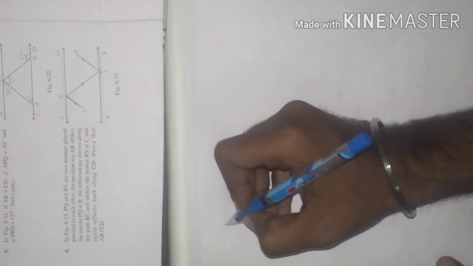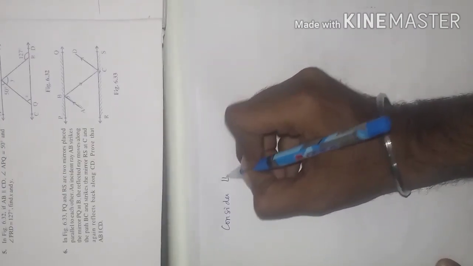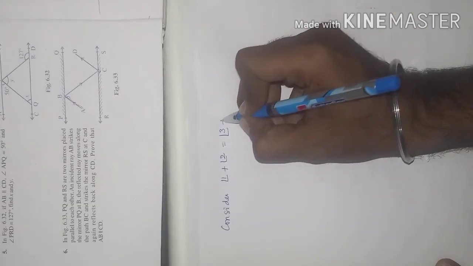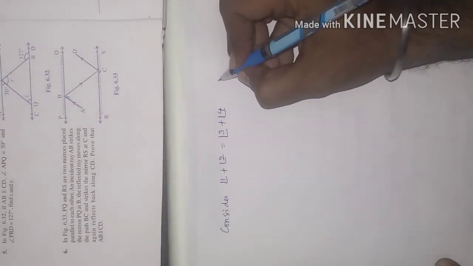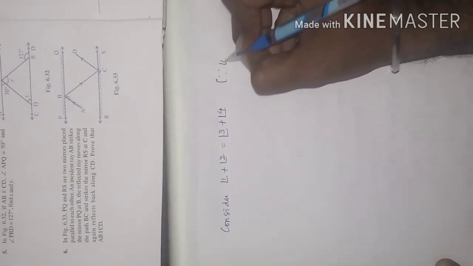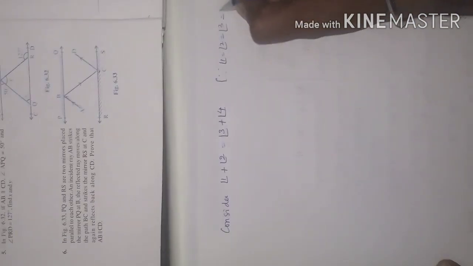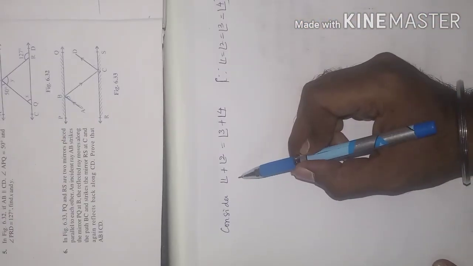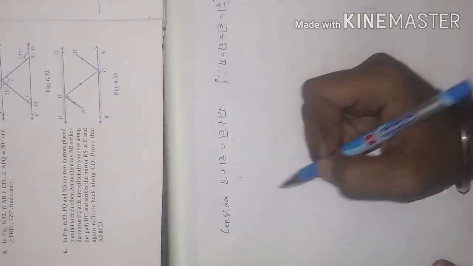Consider angle 1 plus angle 2 is equal to angle 3 plus angle 4. As we know, angle 1 is equal to angle 2, angle 2 is equal to angle 3, angle 3 is equal to angle 4, so we can consider that angle 1 plus angle 2 is equal to angle 3 plus angle 4. They are equal only, so because of that we consider in this manner.